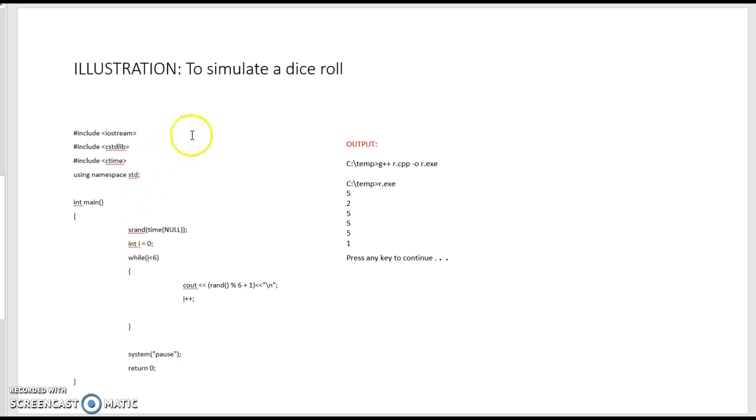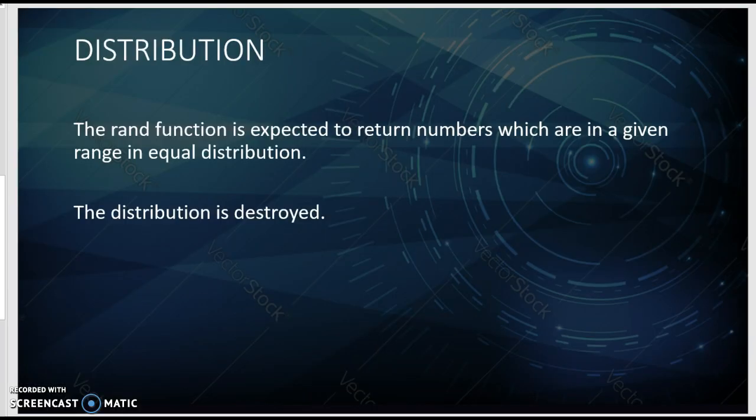So let me quickly talk about distribution, which is another property of the rand function. Like I said earlier, the rand function is expected to return numbers in a given range in equal distribution.